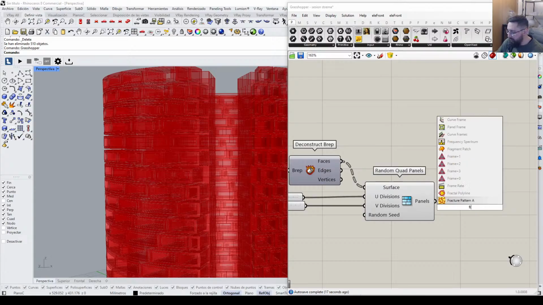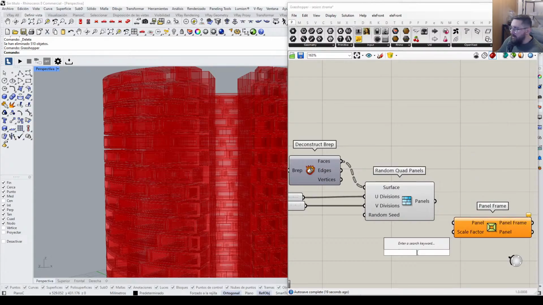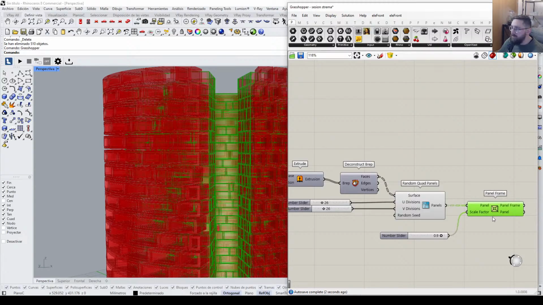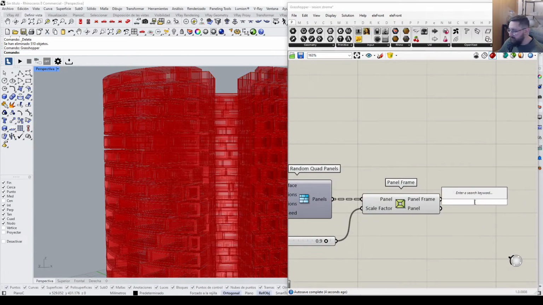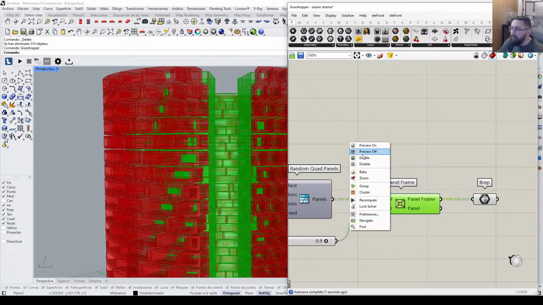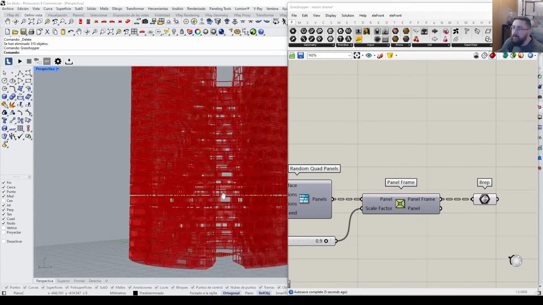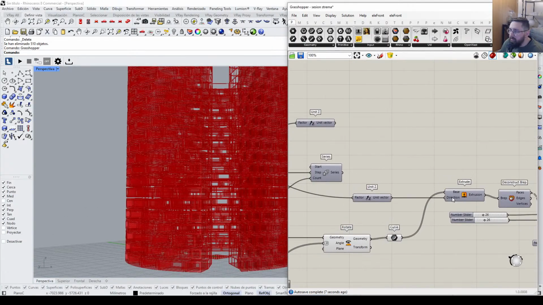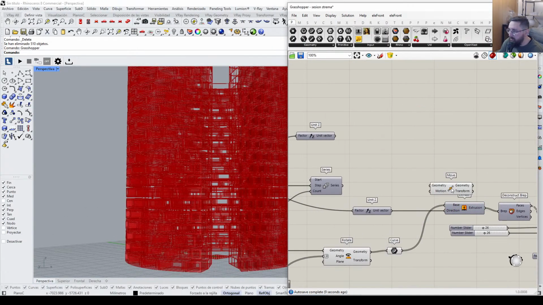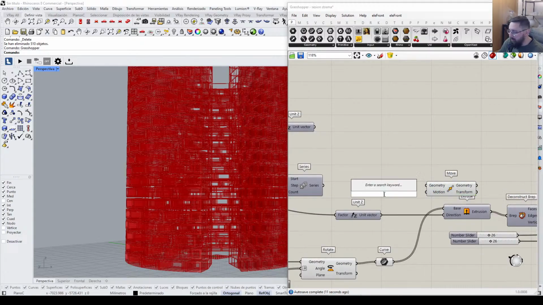No, actually no, frame. 0.9. And I'm going to end it soon. Ah, you bastard. There we go. I got rid of the frames. No, I can just do this.